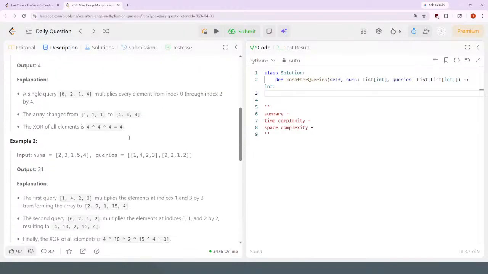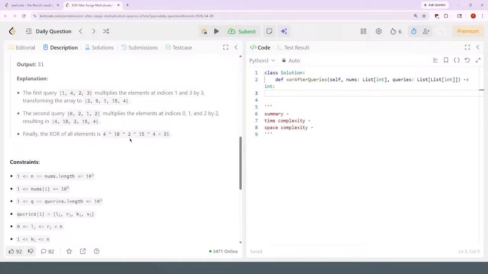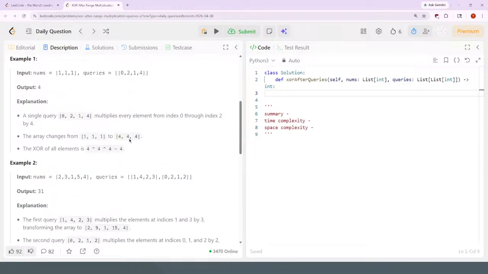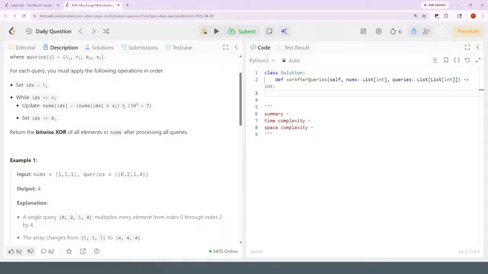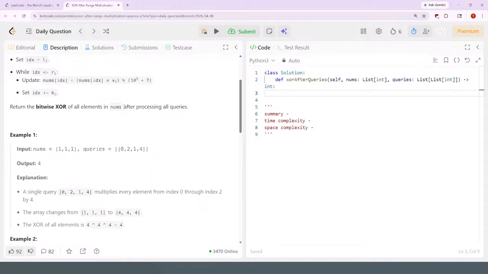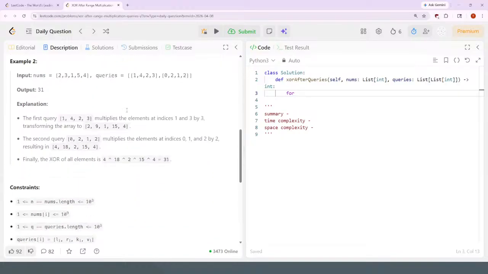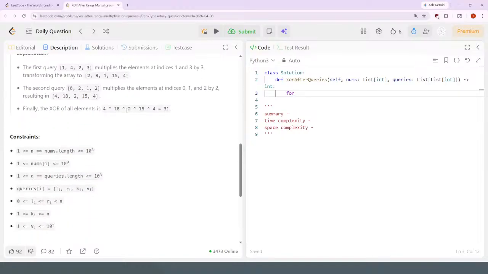So I'm just trying it out, right? Just actually doing the simulation of queries.